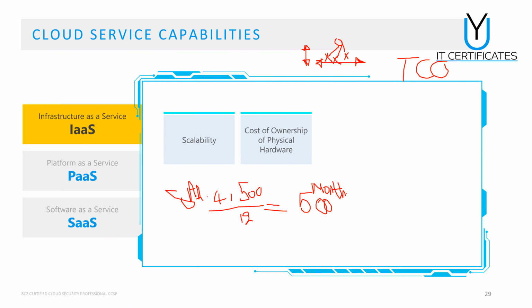I told him, but if I pay 600 times 12, this means that I will pay a total of 7,200, although its original price is 4,500. He said, yes, of course.